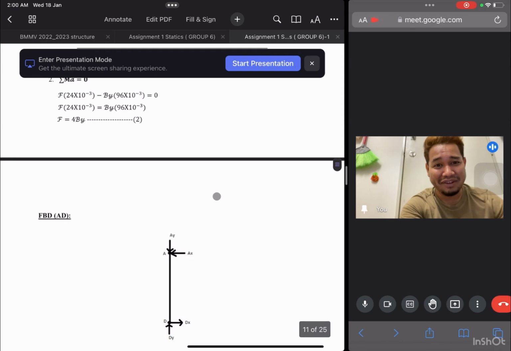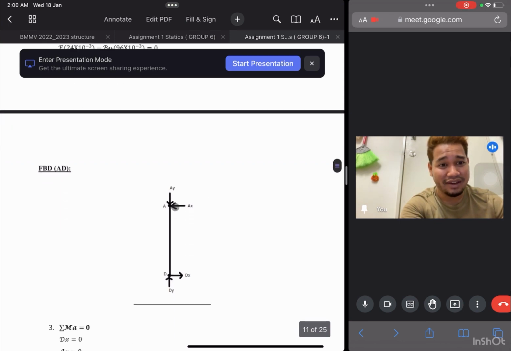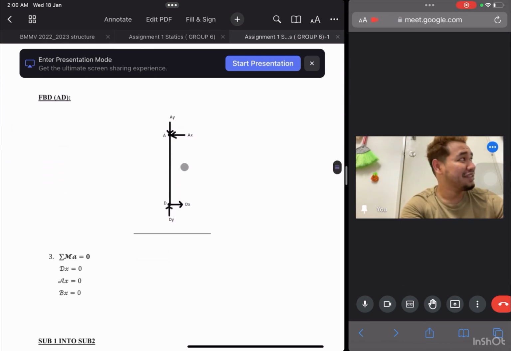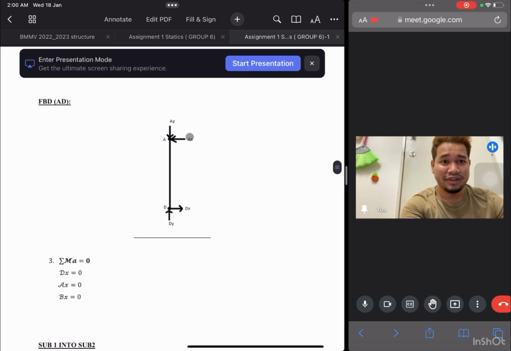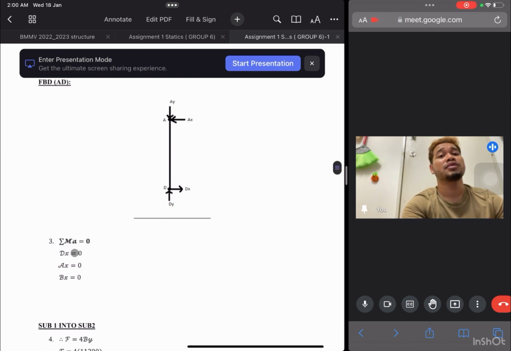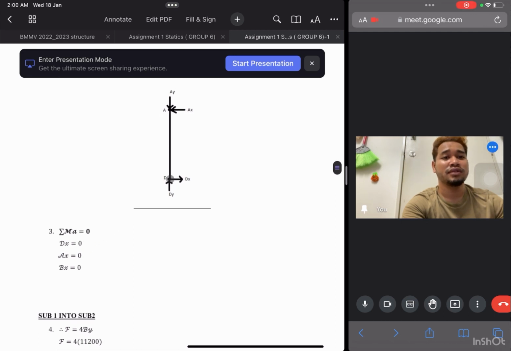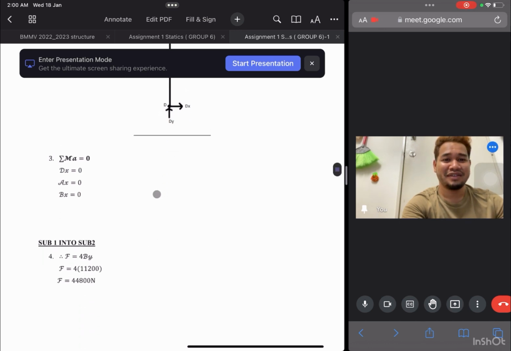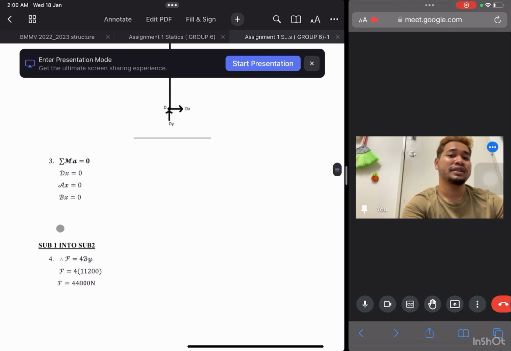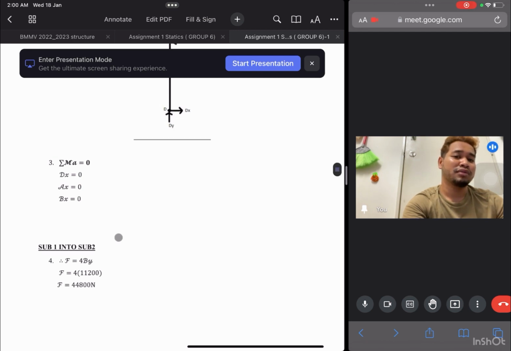After that we make an FBD at points A and D. The FBD looks like this. We take a moment at the point A, total moment A equal to 0. So Dx equals 0, Ax equals 0, and Bx equals 0. After that, we put equation 1 into equation 2.